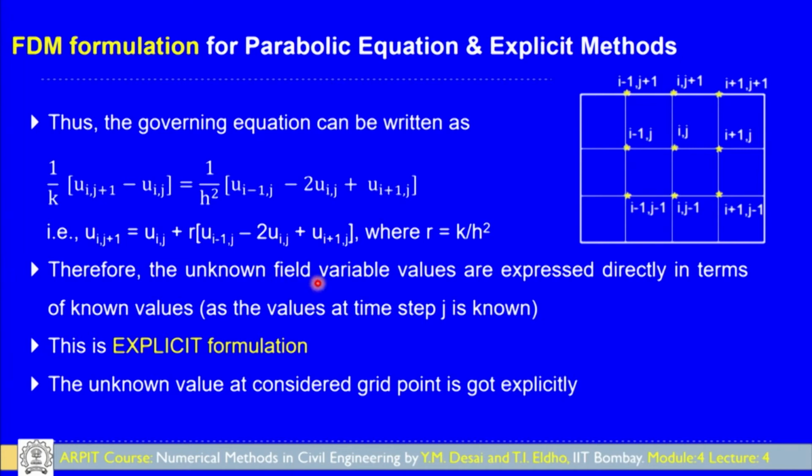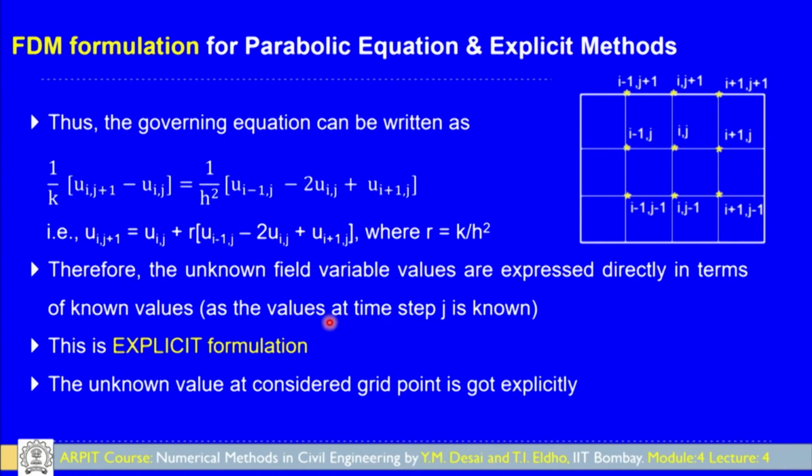Therefore, the unknown field variable values are expressed directly in terms of the known values, as the values at the previous time step are known. If you see this equation, all these values u i minus 1 j, u i j and so on are from the previous time step, and then we find the current time step u i j plus 1.